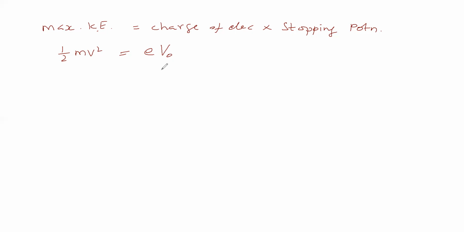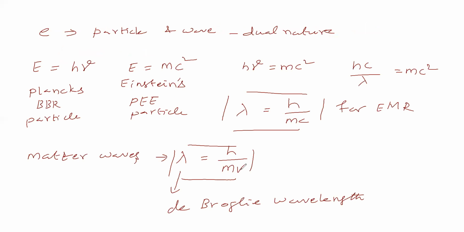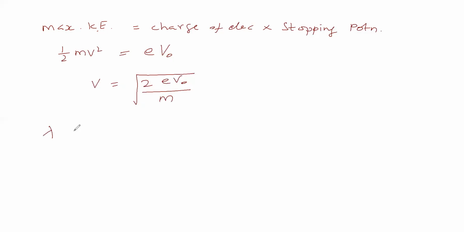Half mv square is equal to E V0. From this we will take V. We will cross multiply, and we will get V like this. This we will substitute into the de Broglie's wavelength formula, lambda is equal to h by mv.